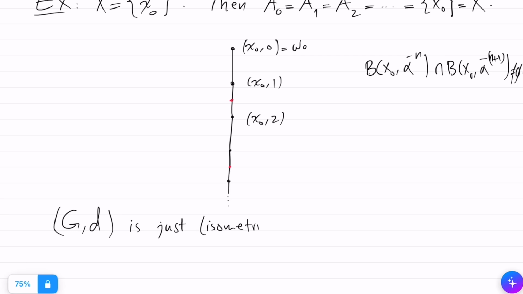Up in metric world, this is indistinguishable from 0 to infinity with the usual Euclidean distance. You see that even a singleton does produce something interesting.